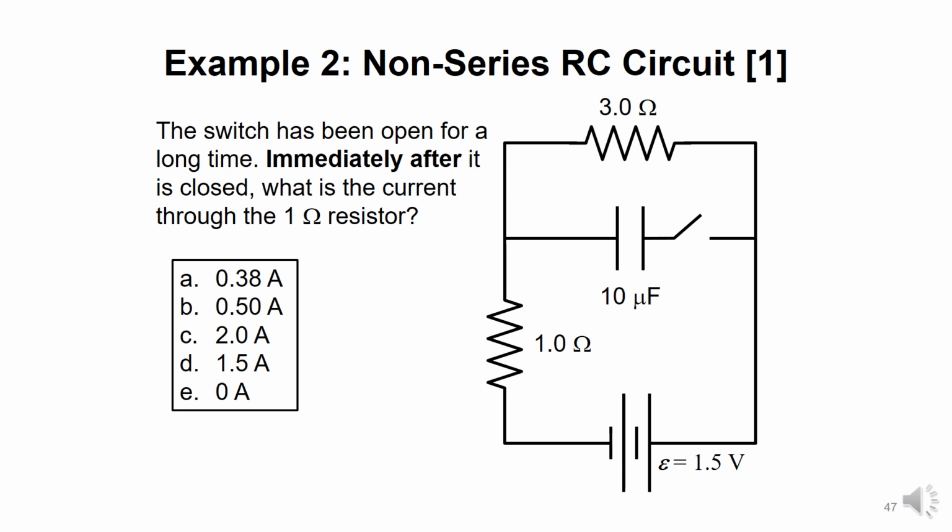So now we have example 2. We have the same circuit as before, a battery of 1.5 volts, 2 resistors, 1 ohm and 3 ohm, and a 10 microfarad capacitor. And this time, we start with a capacitor that's uncharged. I know this because the switch has been open for a long time.